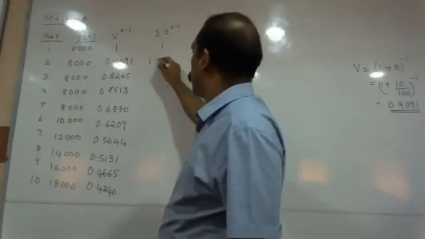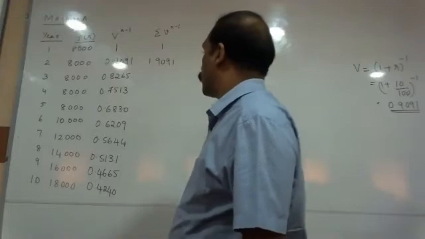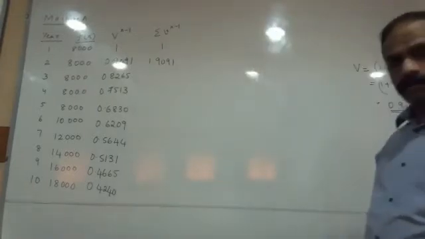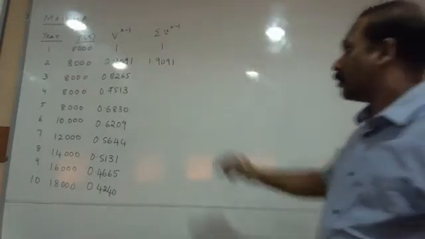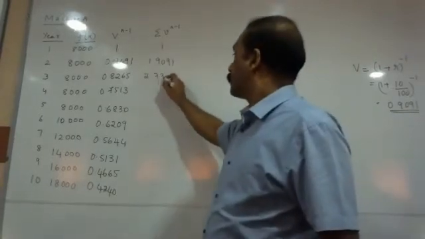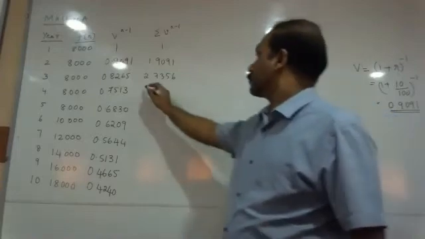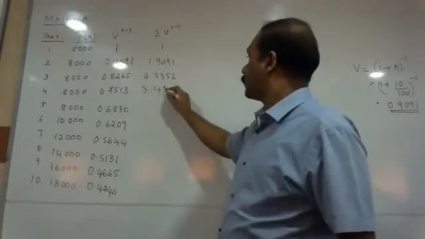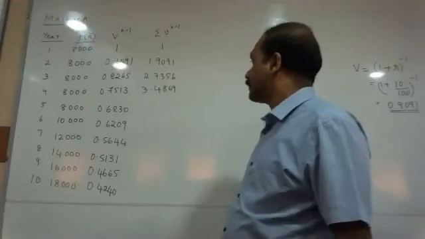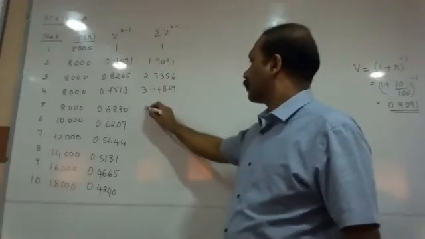Second value is 1.9091. Now tell me for the third year. 2.7356. Okay. Next, 3.4869. Next, 4.1699.